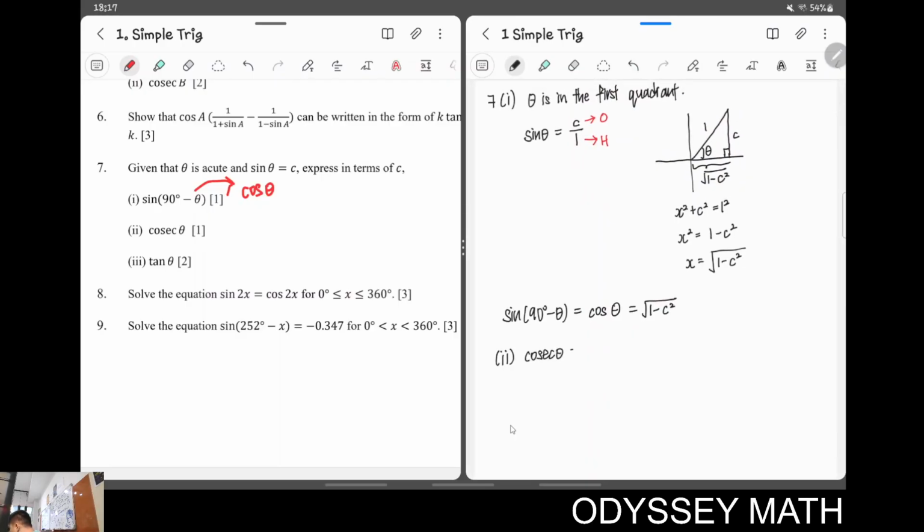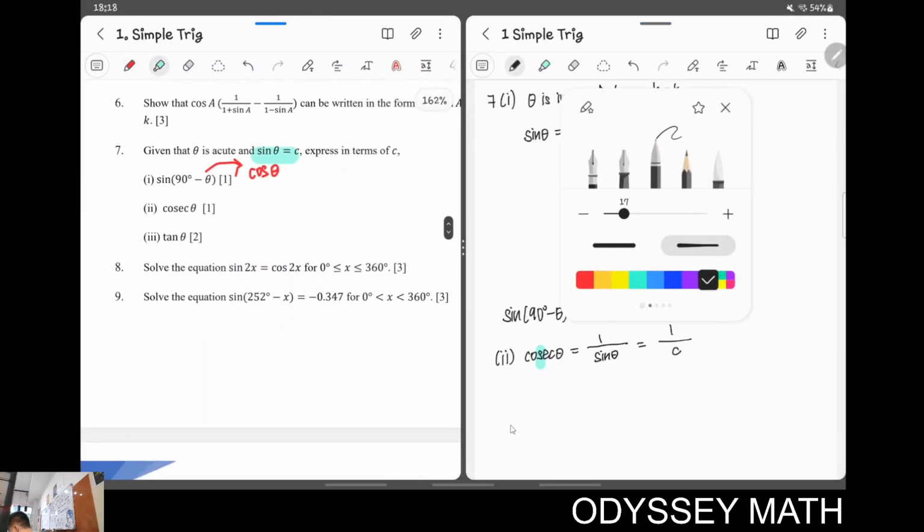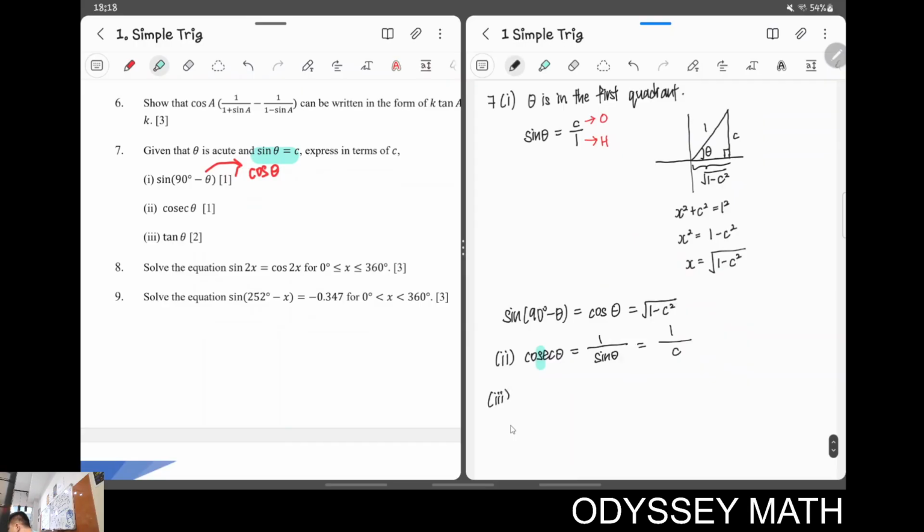Cosecant theta equals 1 over, again the third alphabet, sine theta. So this is just 1 over C. Quite easy actually, because sine theta is C, as given from the question. Now part 3, tangent theta. Tangent theta is easier as well.